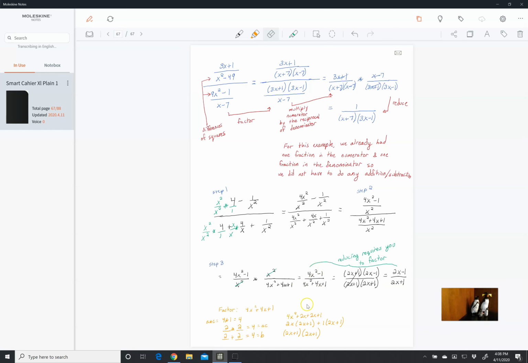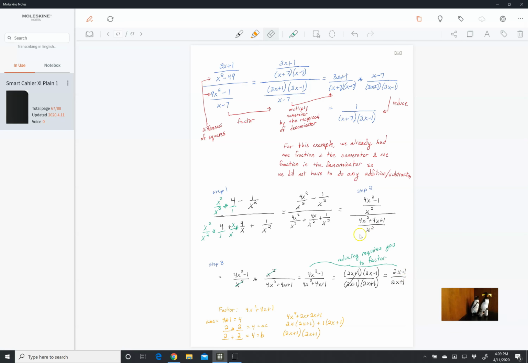We wanted to make sure that we couldn't reduce, so in order to do that, we have to factor those quadratics. And when we factored those quadratics, we could in fact cancel out a 2x plus 1. We hadn't been able to do that previously when we were doing a lot of our division problems. And now 2x minus 1 over 2x plus 1 is our final answer.